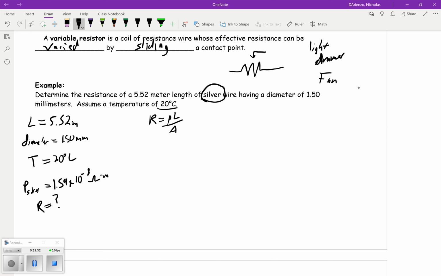Well, what we have here is a diameter of wire, and we know the whole diameter here. This is 1.50 millimeters. So to find the area of a circle, we use pi r squared.